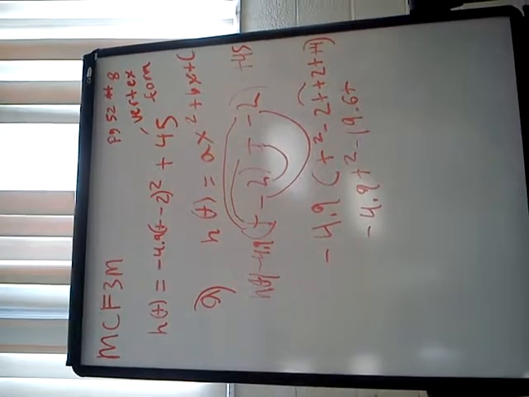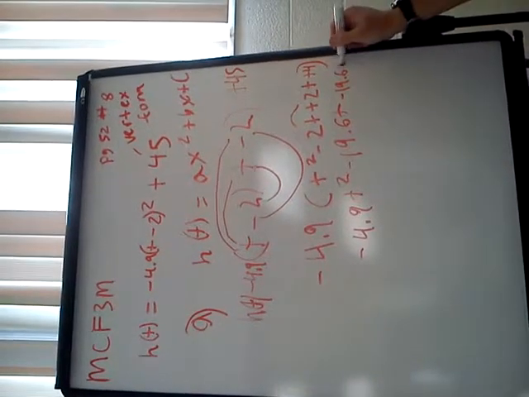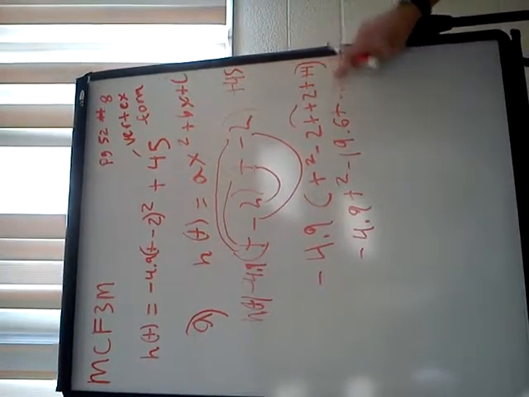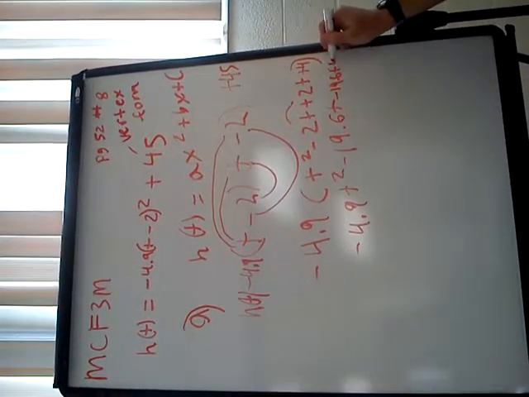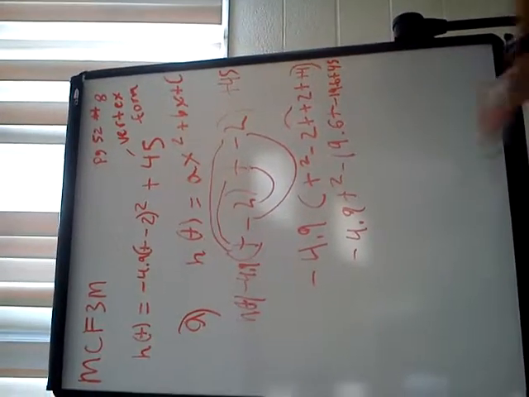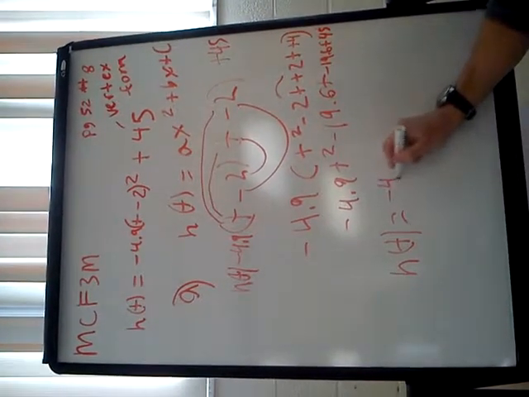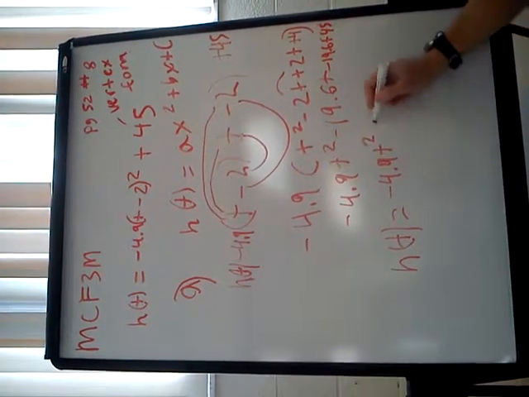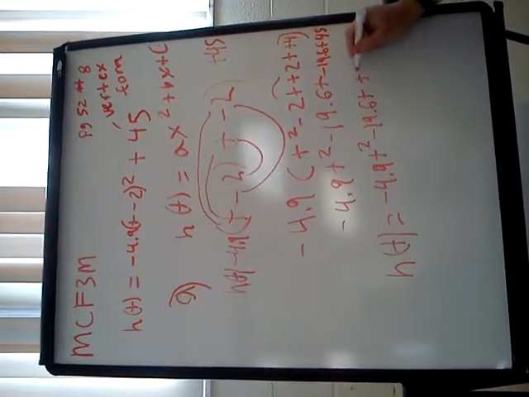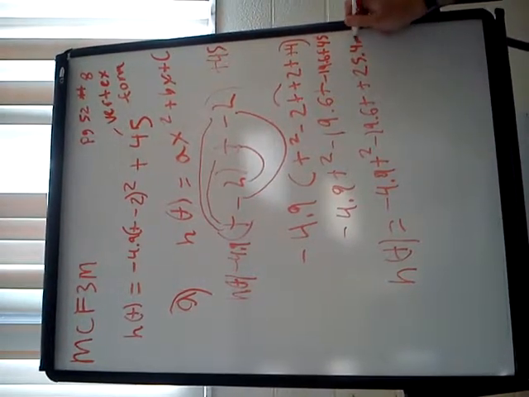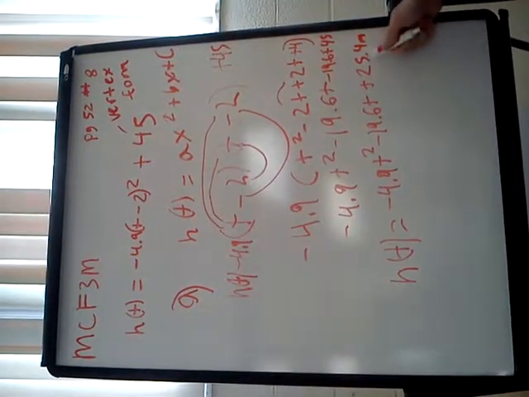And then -4.9 times 4 is -19.6, plus 45. So the equation, when it's all said and done, comes out to h(t) = -4.9t^2 + 19.6t + 25.4 meters. Because this is c, this is the y-intercept.